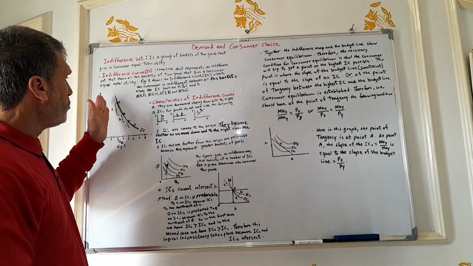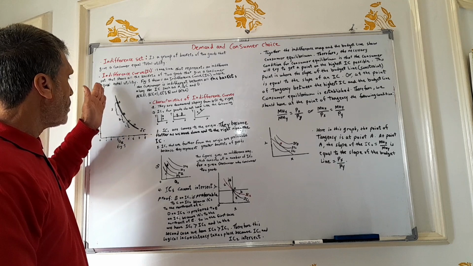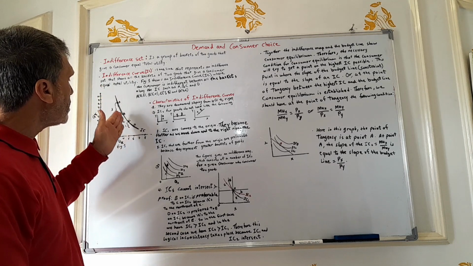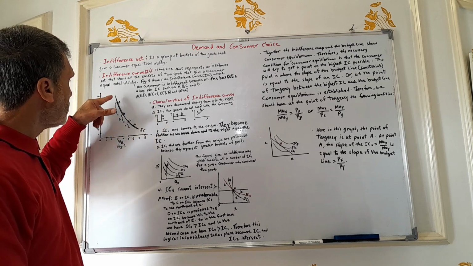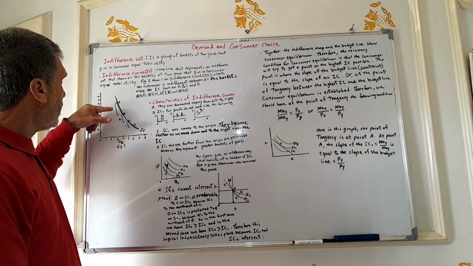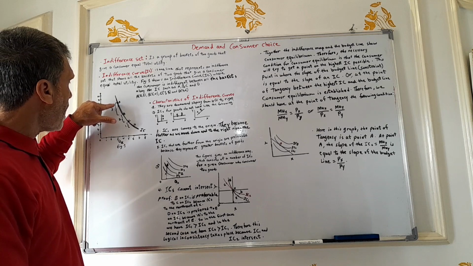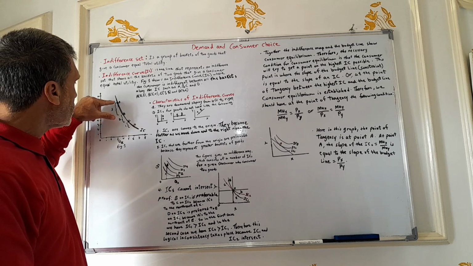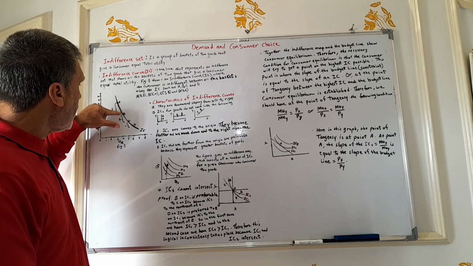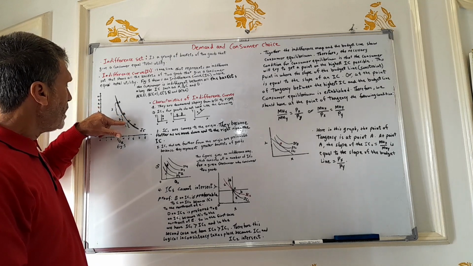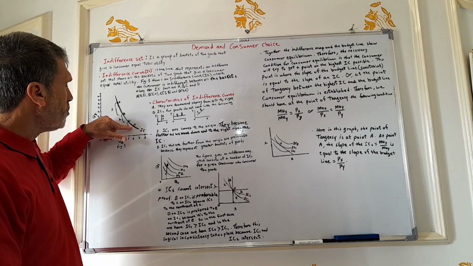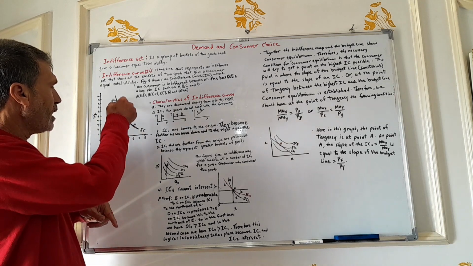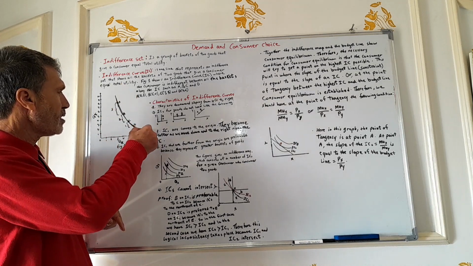And as we move down and to the right along the indifference curve, it becomes flatter. Flatter means that in absolute value, the slope at point A is higher than the slope at point B, is higher than the slope at point C, is higher than the slope at point D. So this is a flatter curve.